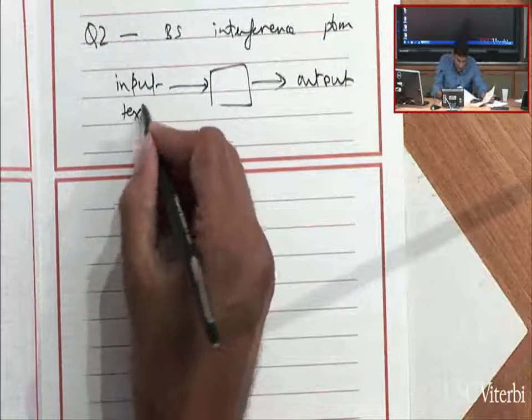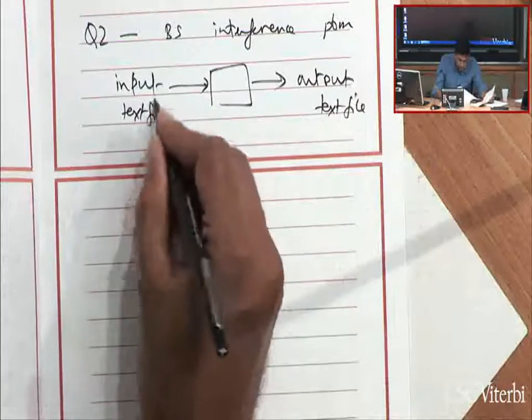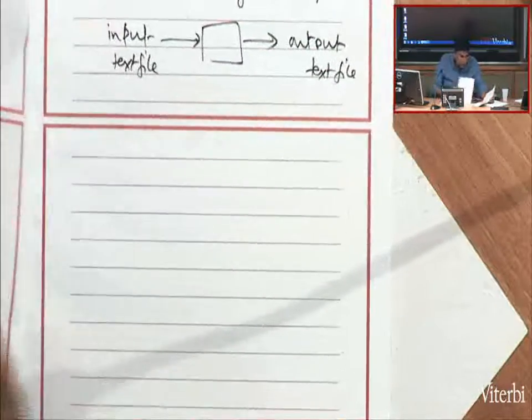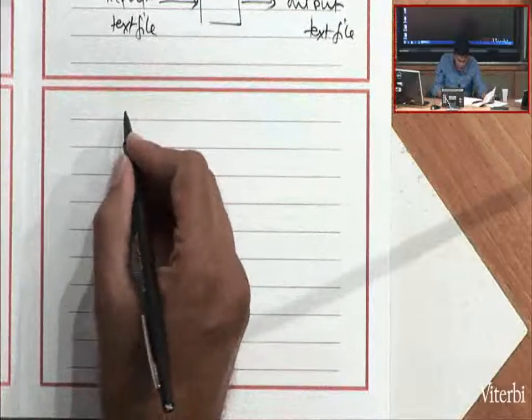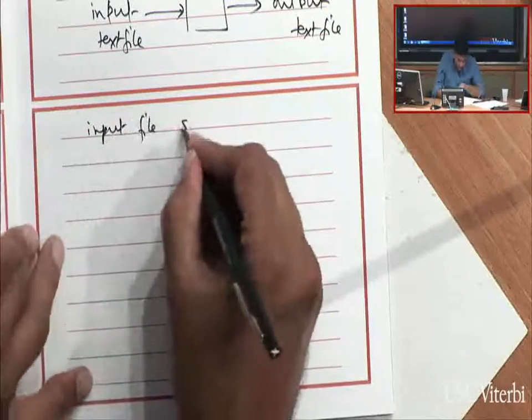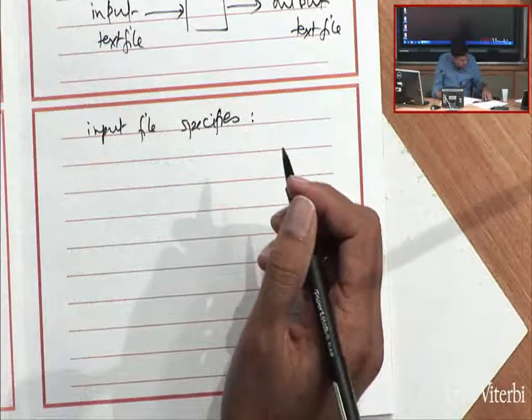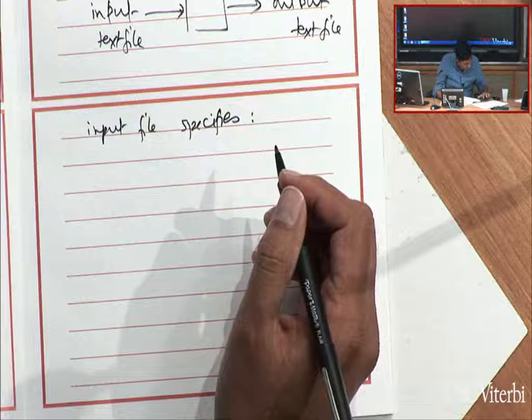Both the input and the output are basically text files. For question 2, the input basically takes in a bunch of parameters. The input file specifies all of these things that we talk about.